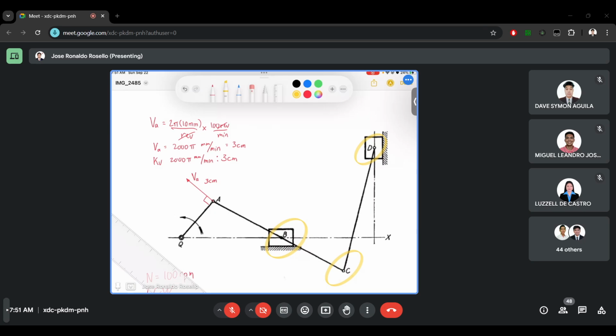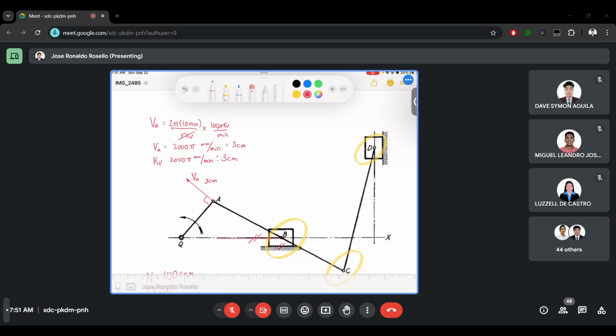For the given, it is not stated where the velocities are directed. So, we'll have to apply the principles. For B, since it is in a slider, we know that the velocity at point B is parallel to the ground.